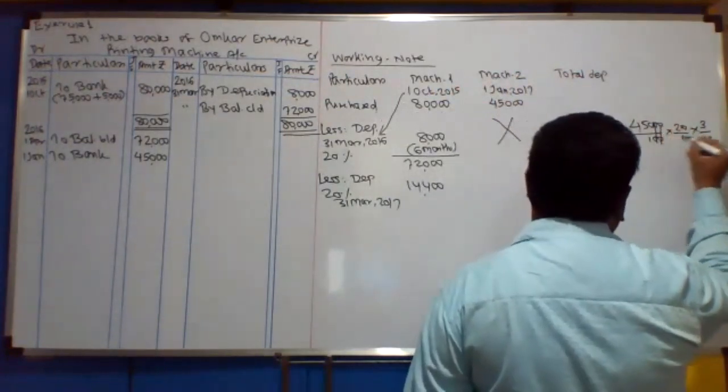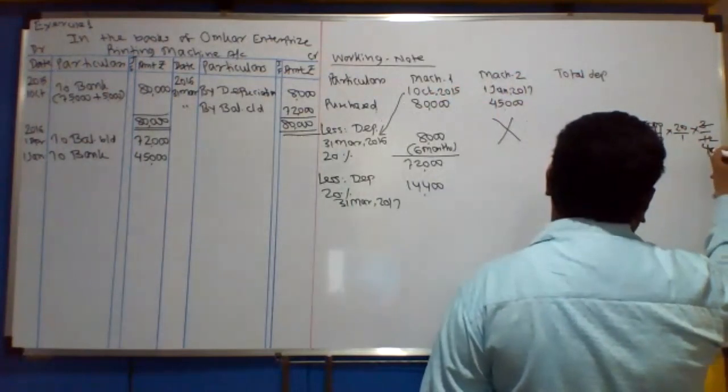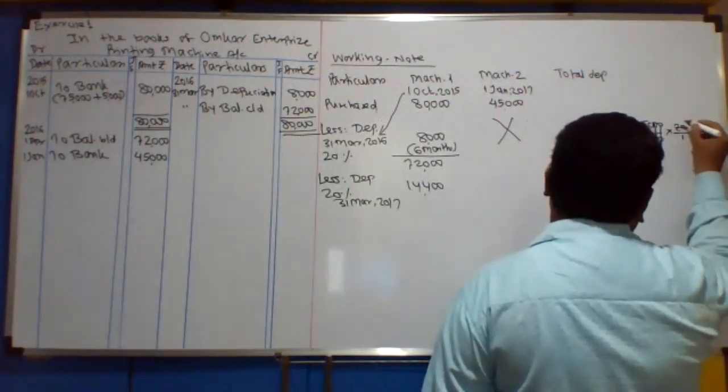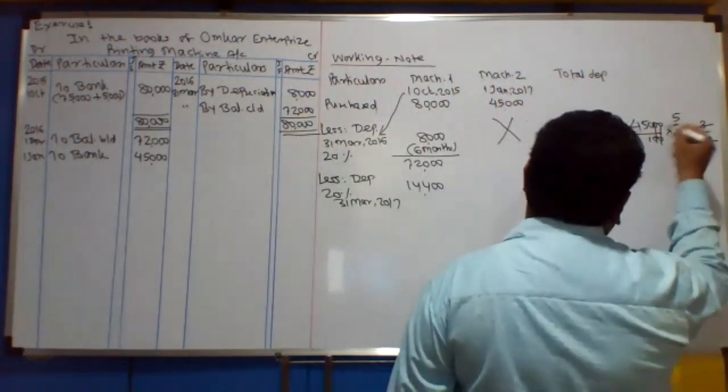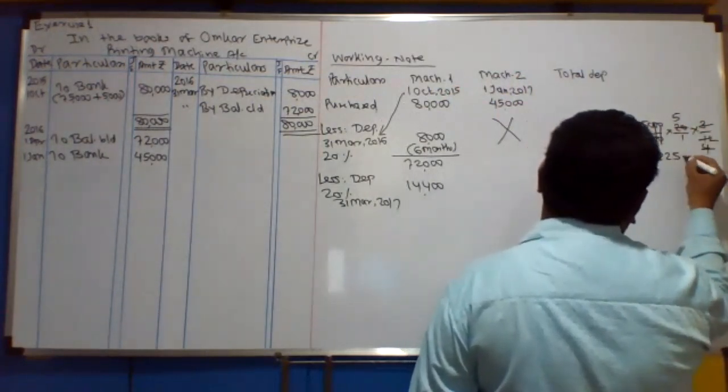See how to calculate it easily. Cancel these zeros. 3 4 are 12, and 4 5 are 20, and 450 into 5 comes to 2,250.